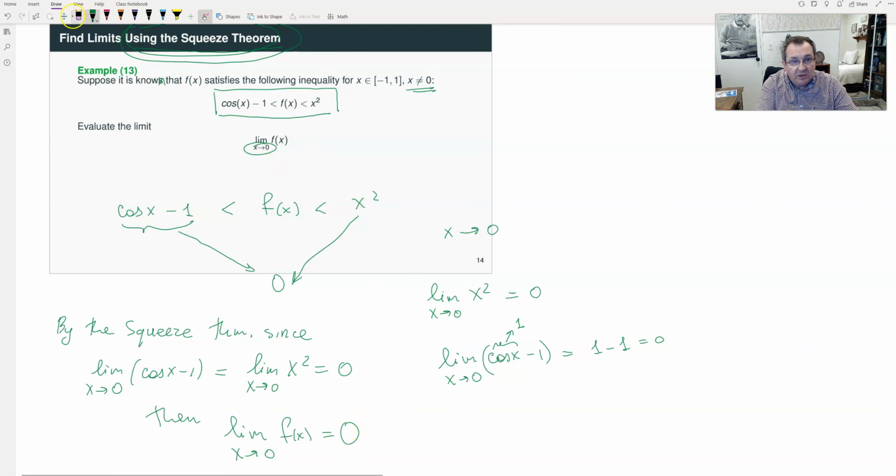So here we go. We don't know what function f of x is. We don't know what the graph looks like. But the squeeze theorem tells us we know the limit as x approaches 0.